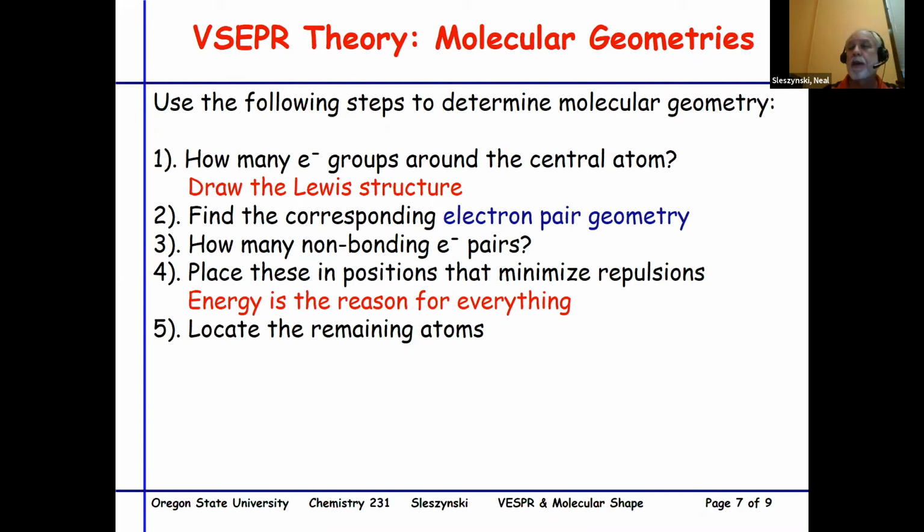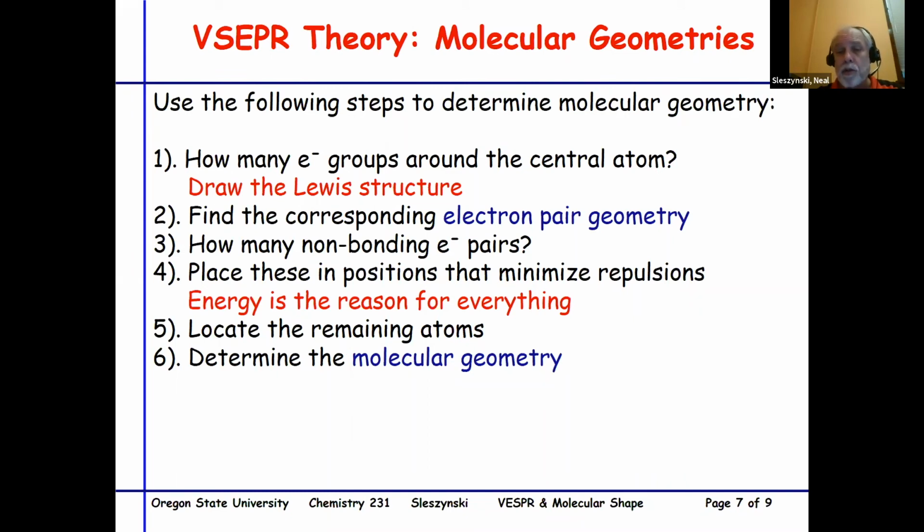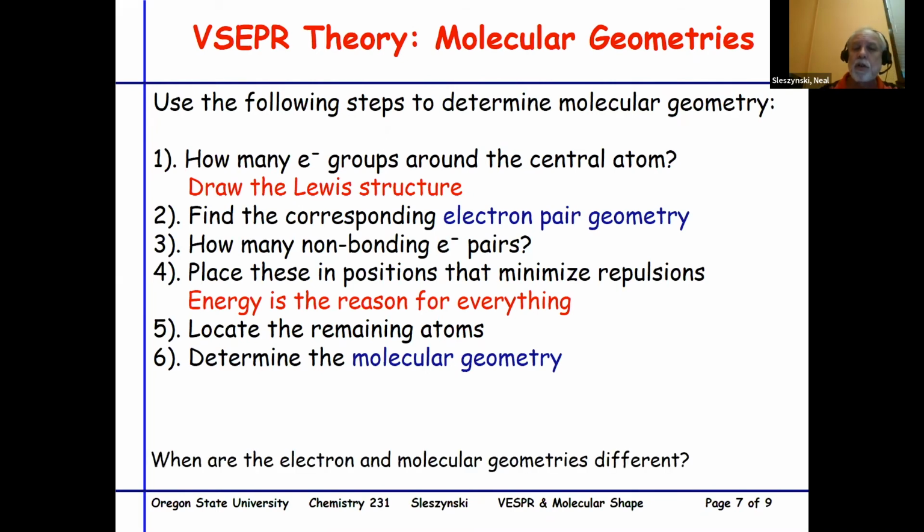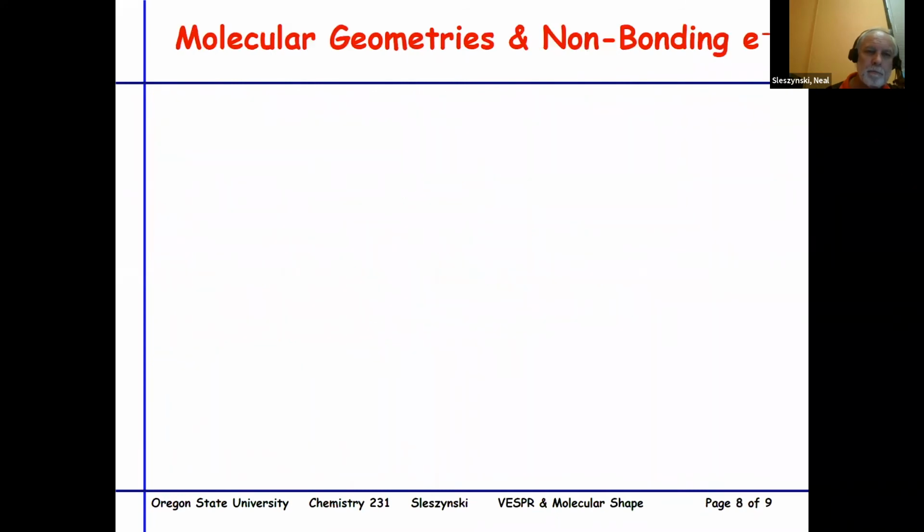Once we've located the non-bonding electron pairs, we will then locate our atoms in the remaining positions. And then looking only at the atoms, not including the non-bonding electron pairs, we will determine the molecular geometry. So just to review then, the electron and molecular geometries will be different only if we have non-bonding electron pairs.